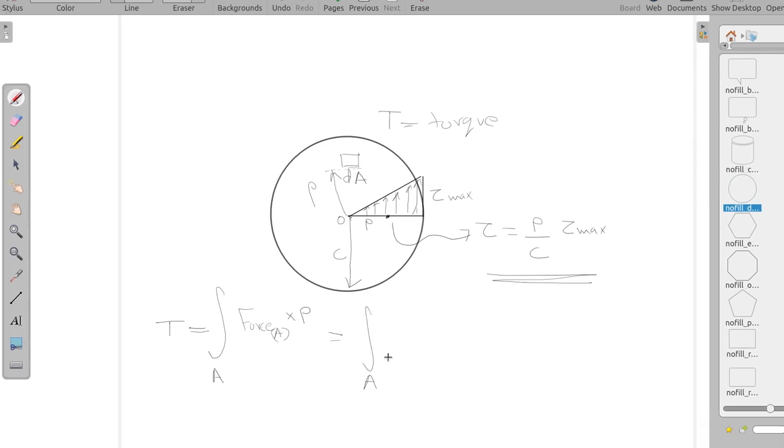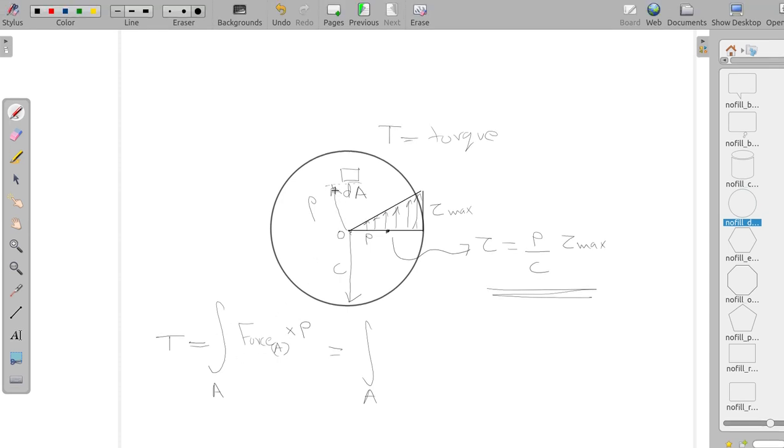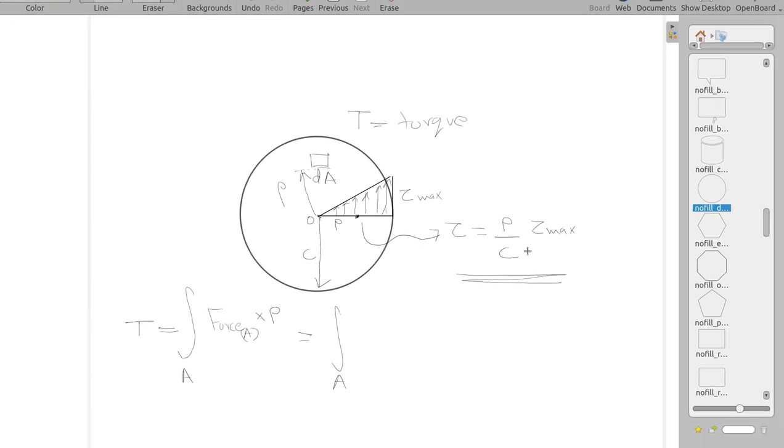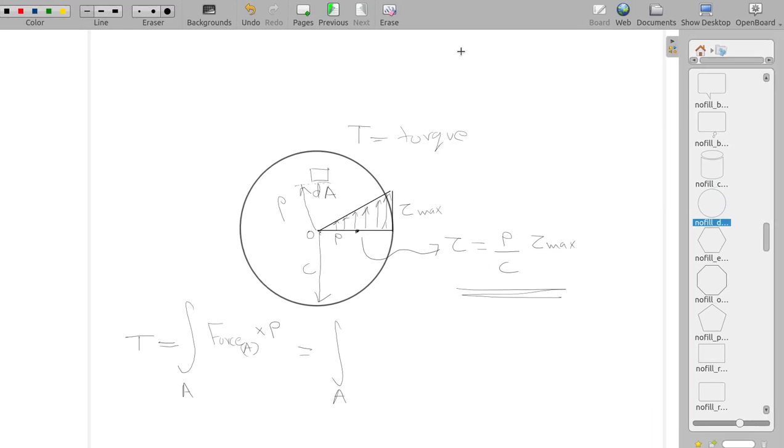So what is the force here? We know that at a distance rho from the center, the shear stress is tau. So the force on that elemental area will be equal to shear stress multiplied by area, right, which is dA.